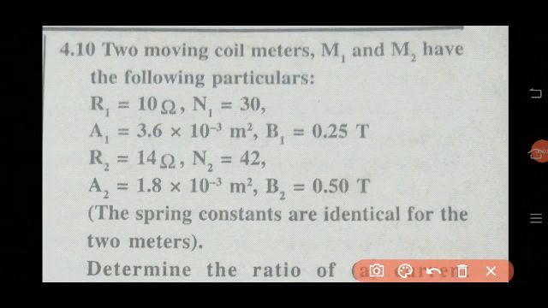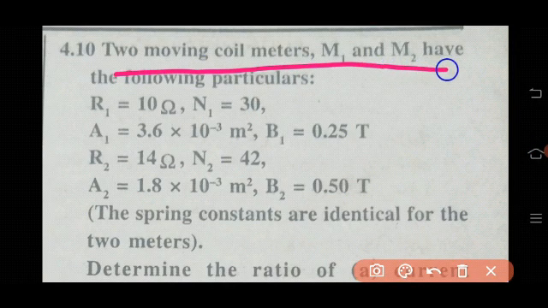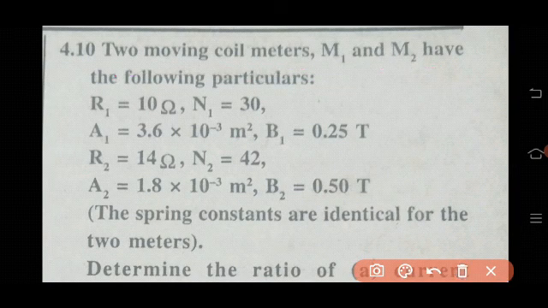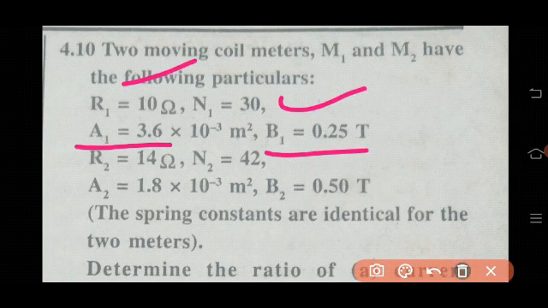The question number is 4.10. Two moving coil meters M1 and M2 have the following particulars. The resistance of the first one is 10 ohm, the number of turns is 30, the area A1 is 3.6 into 10 to the power of minus 3 meter square, and the magnetic field in that coil is 0.25 Tesla.